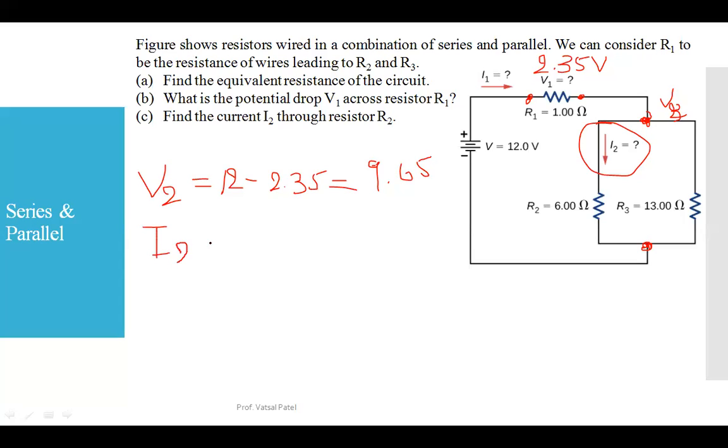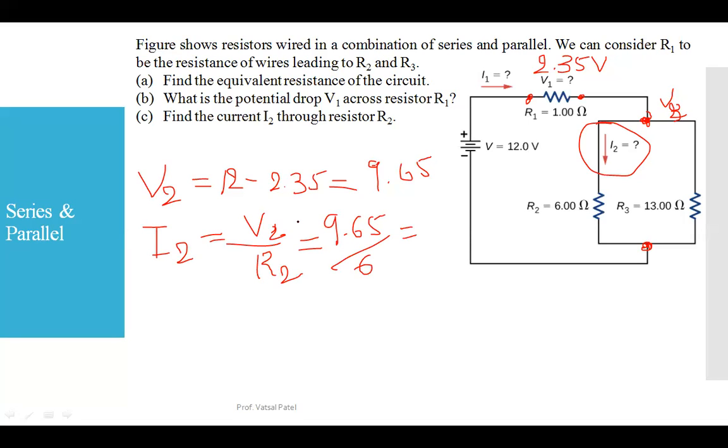So can we now calculate I2? It is equal to what? V2 divided by R2. It is 9.65 divided by 6. So how much is the answer you are getting? The value of the current component.